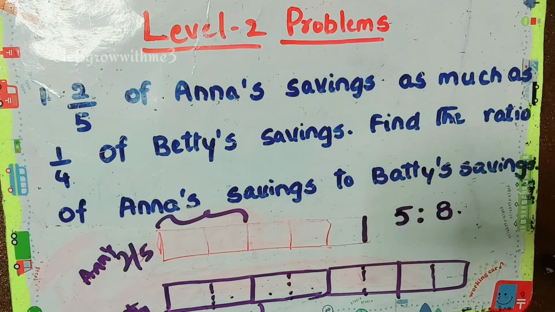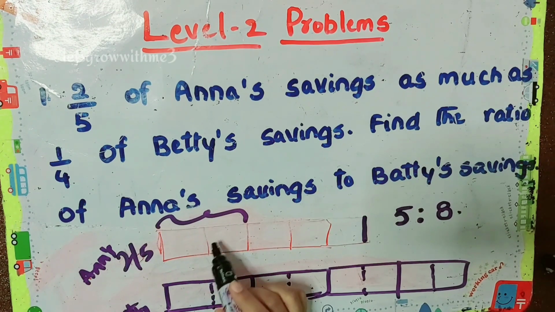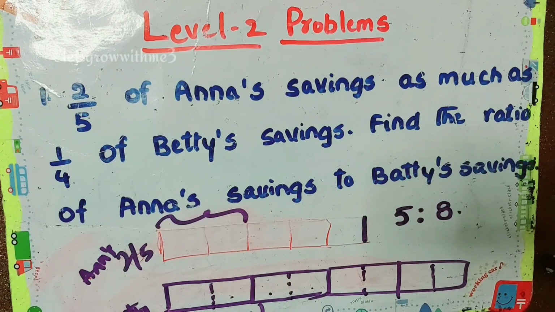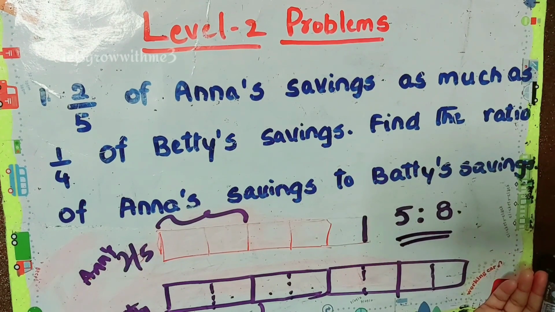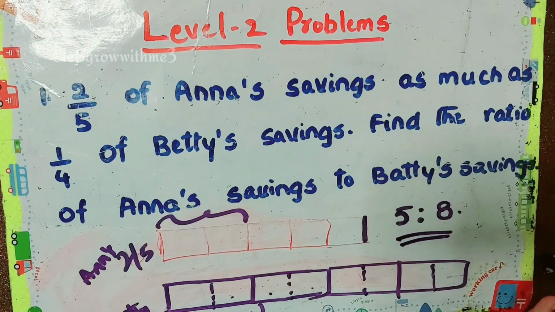As we don't have any common factors, the values are in simplest form, 5:8. Okay, so we converted both into the same size, then we compared. The ratio is 5:8. So that's it. Next we will see the next question.